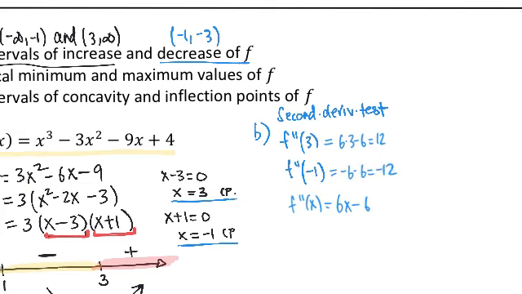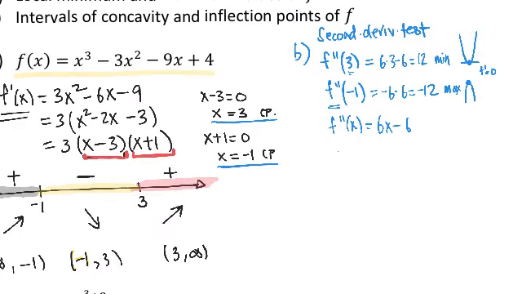That means at x equal to 3, I have a graph with a horizontal tangent line because f prime is 0, but I'm also concave up, and the only way that can happen is if this is a minimum. Similarly, since f double prime is less than 0 at negative 1, it's a maximum. So my minimum is at 3 and my maximum is at negative 1.